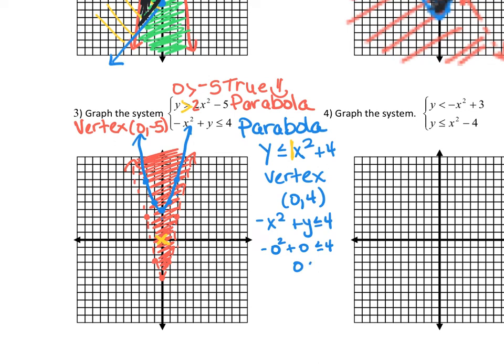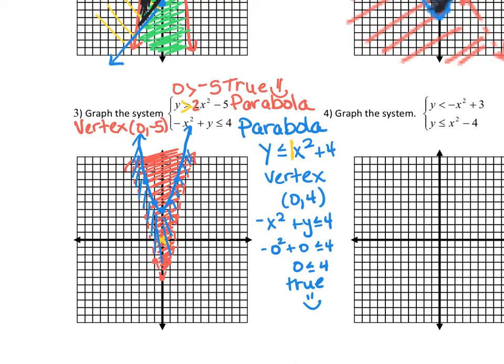Is 0 less than or equal to 4? That ends up being a true statement. So what that means is I have to shade towards (0, 0). So what that's going to look like is I'm shading outside of the parabola instead of inside of it. So I'm going to shade outside, and if you notice as I'm shading, I'm bounded by the other parabola.